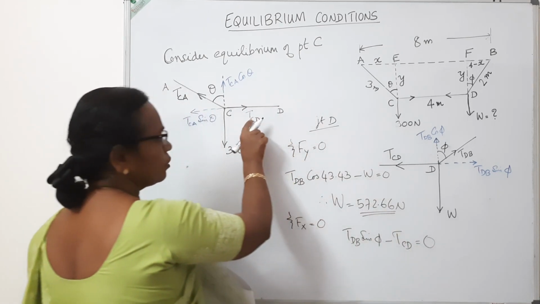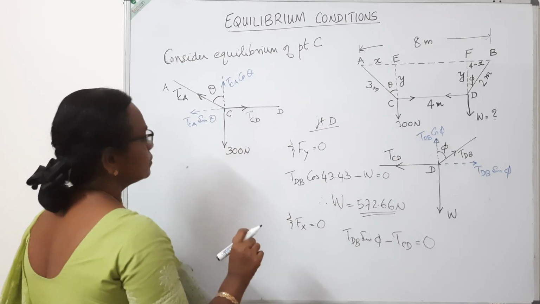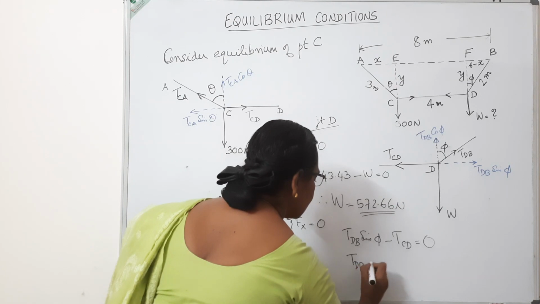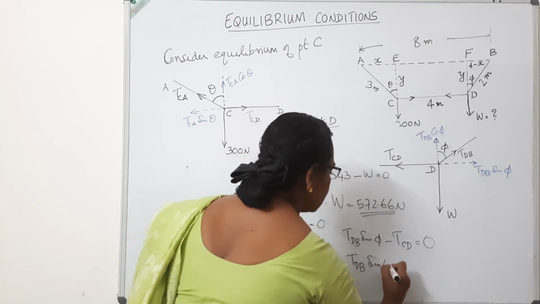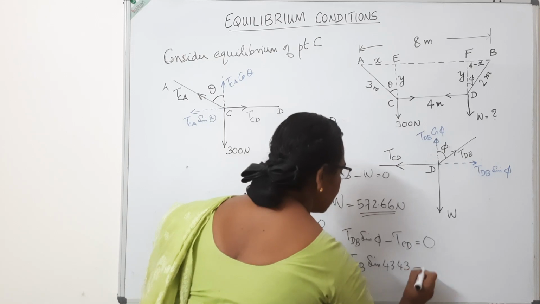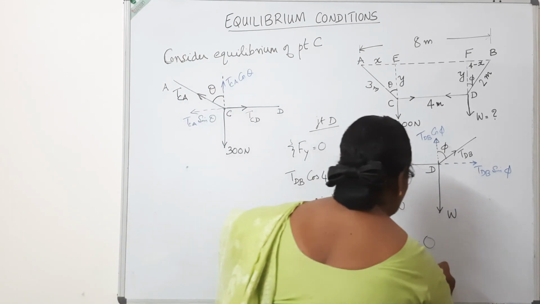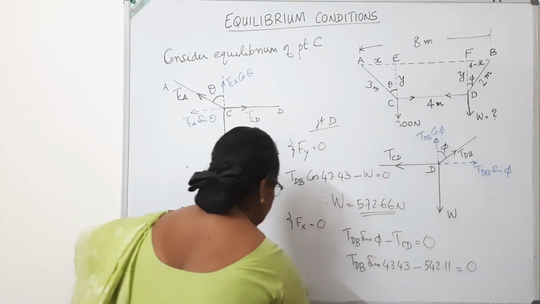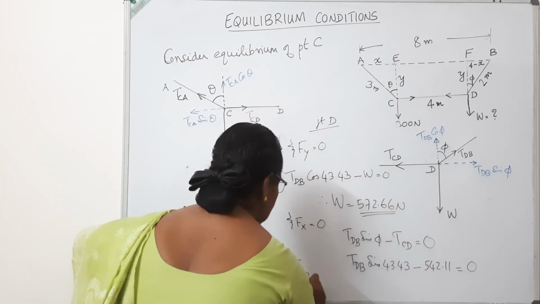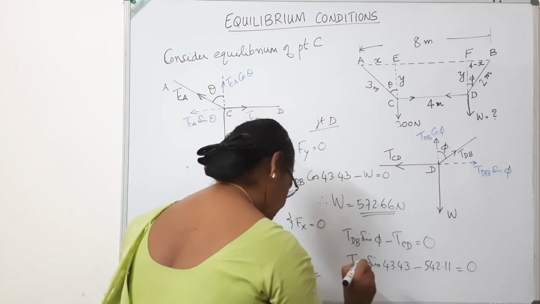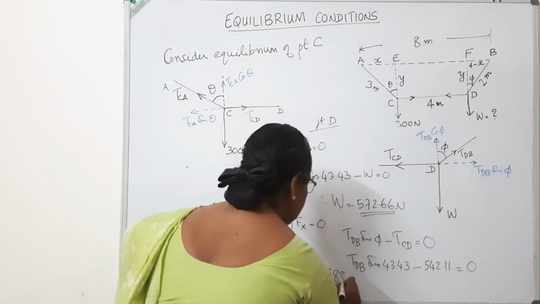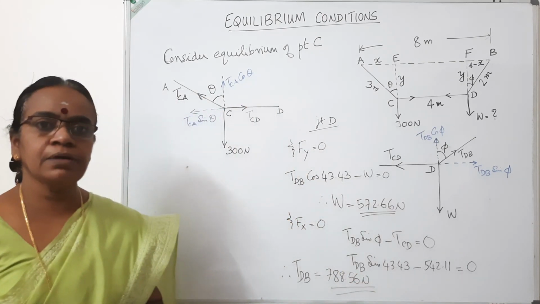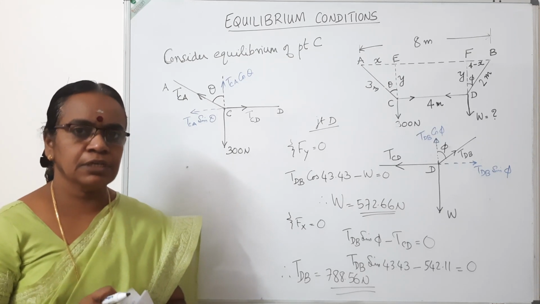This TCD we already got from the first position C. So TdB sin 43.43 minus TCD, which is 542.11 from the first step, is equal to 0. Hence we get the tension in the wire or rod dB is equal to 788.56 Newton.